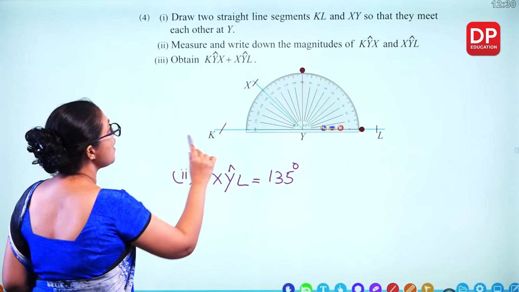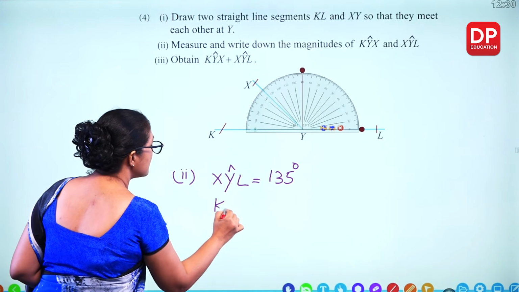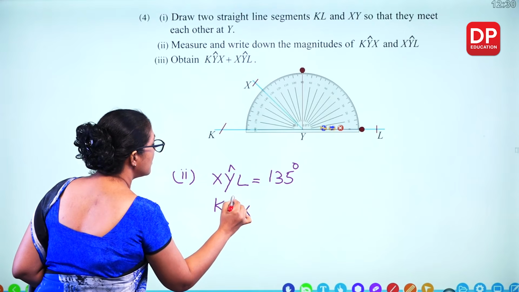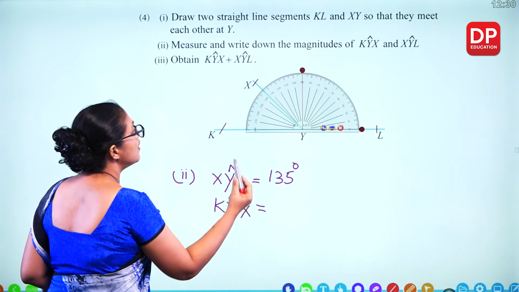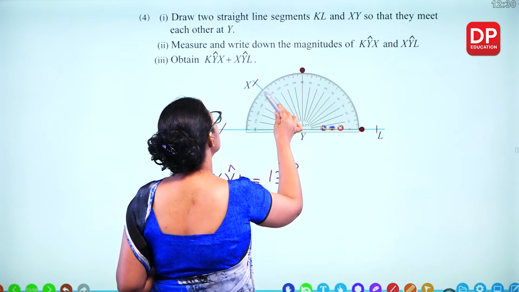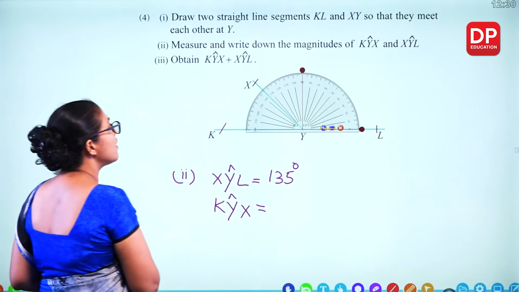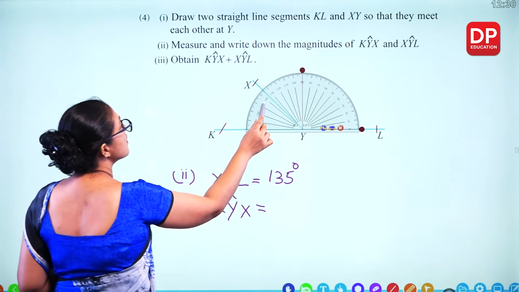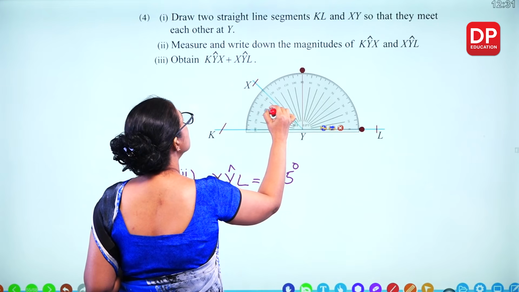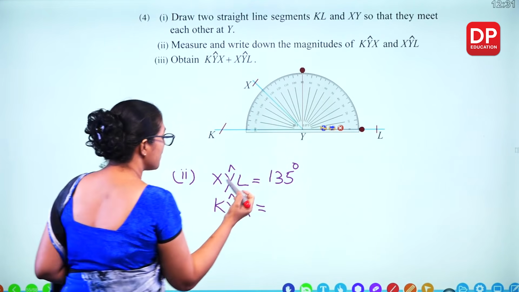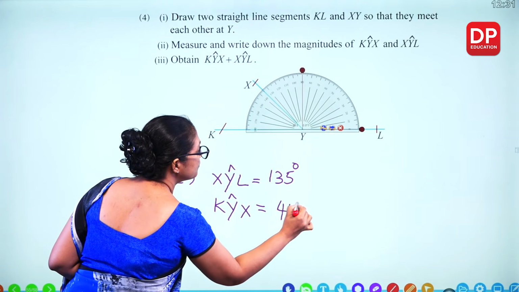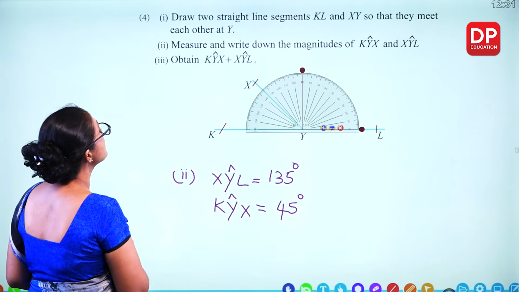I'm getting KYX is this way, 45. So what's the sum?